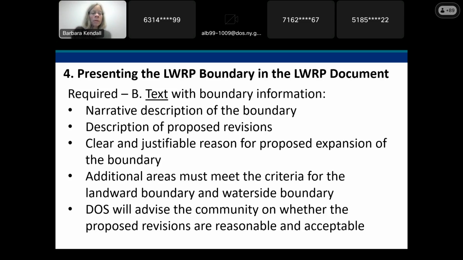Either way, you need to have a clear and justifiable reason for either expanding the coastal boundary or how you want to define your inland waterway boundary. You have to meet those criteria that we talked about, the nexus to the water and important resources. And we'll work with you and advise you on whether these are acceptable to meet the guidelines of the program.